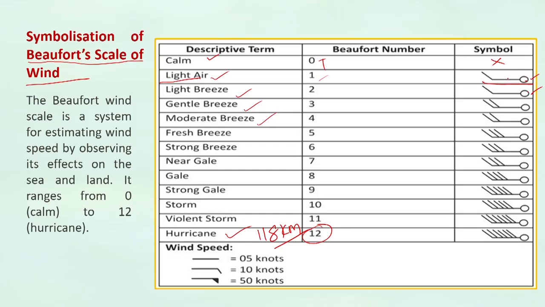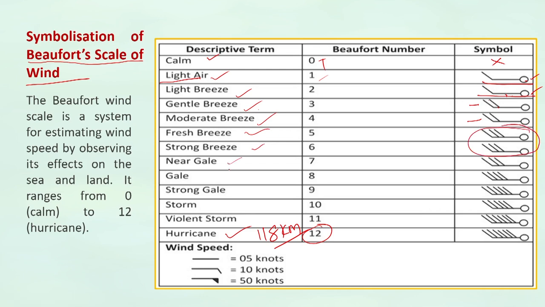Light air and light breeze have the same symbol. Next, one additional line represents gentle breeze. Gentle breeze and moderate breeze have the same symbols, similar to light air and light breeze. And next, fresh breeze and strong breeze have the same symbol.